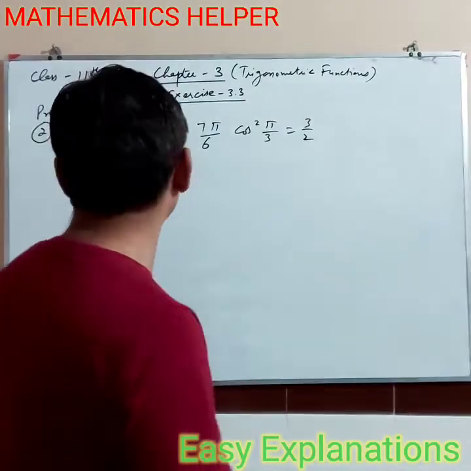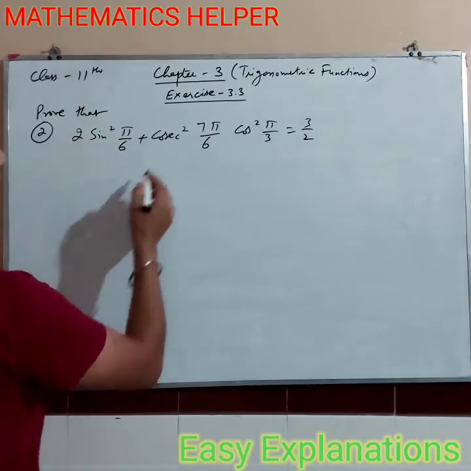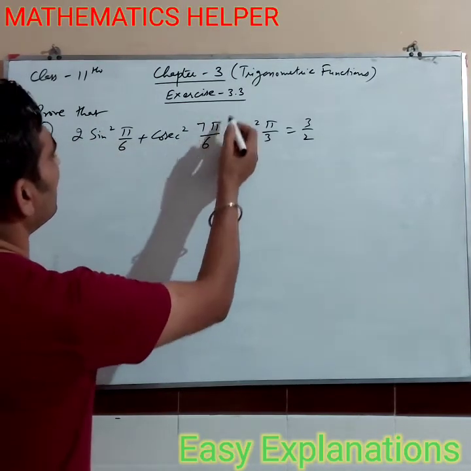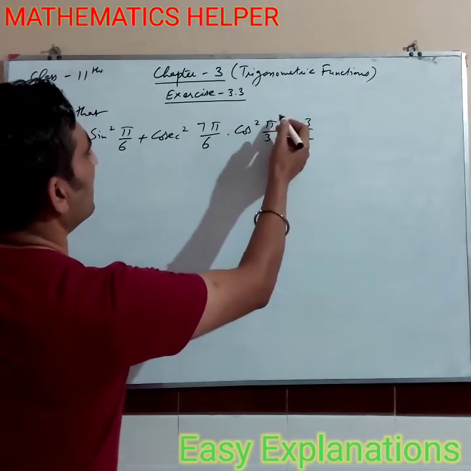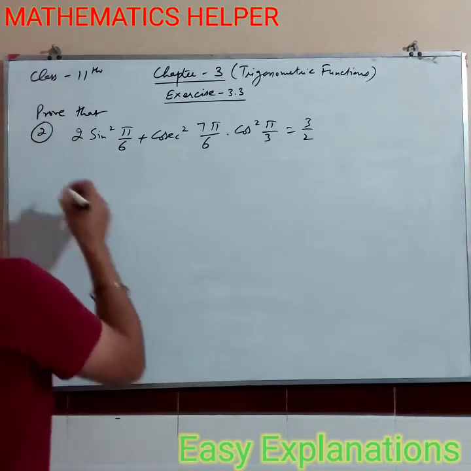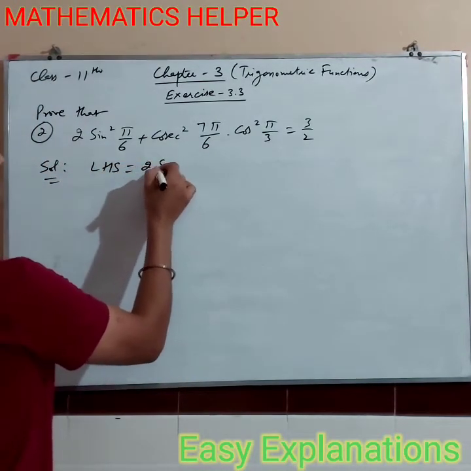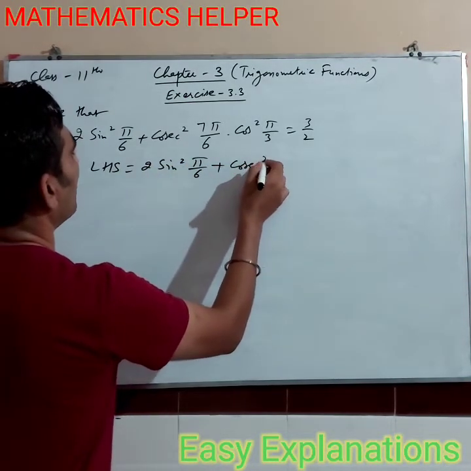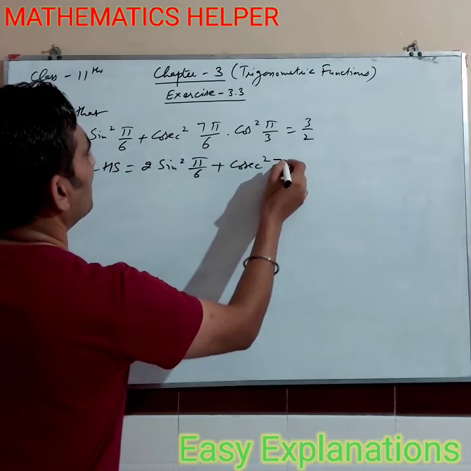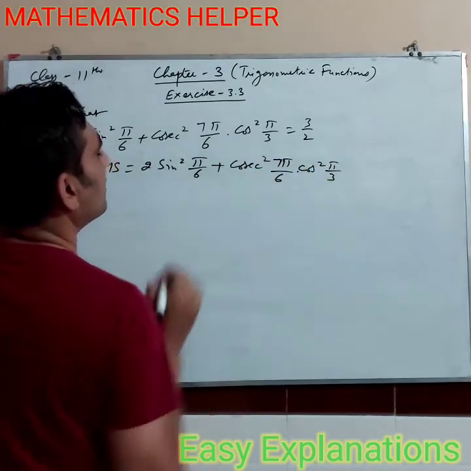Students, in question number 2, it is given like this: 2 sine square pi over 6 plus cosecant square 7 pi over 6 into cos square pi over 3 equal to 3 over 2. So in the same way, we will start from the left hand side. So 2 sine square pi over 6 plus cosecant square 7 pi over 6 cos square pi over 3 with product.